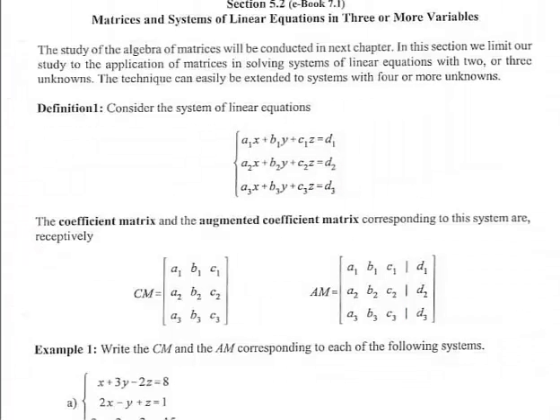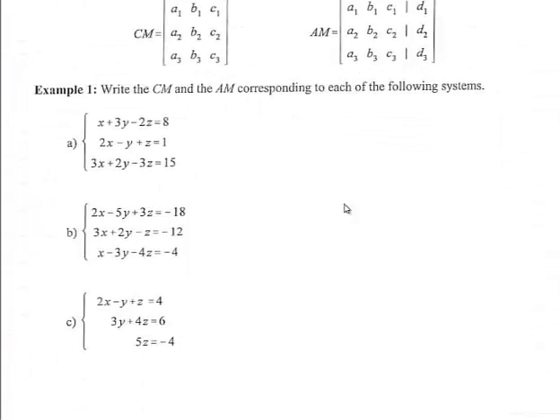So in example 1, we'll get a little bit of practice converting our system to a matrix. For each system, A, B, and C, we want to write both the coefficient and augmented matrix. With three equations and three unknowns, the coefficient matrix is a 3 by 3.